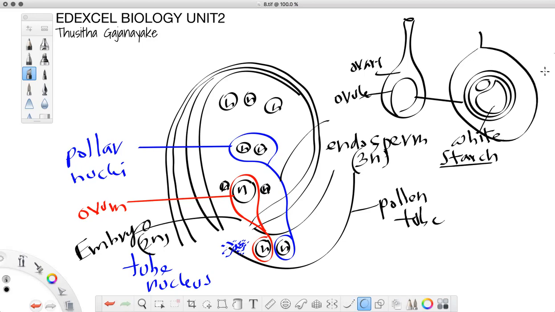If you take an avocado, we can nicely see the seed coat and the white endosperm, and also the embryo, and then the rest is the fruit.